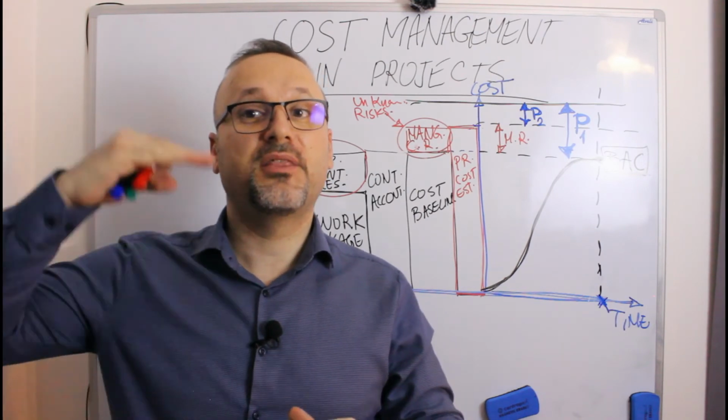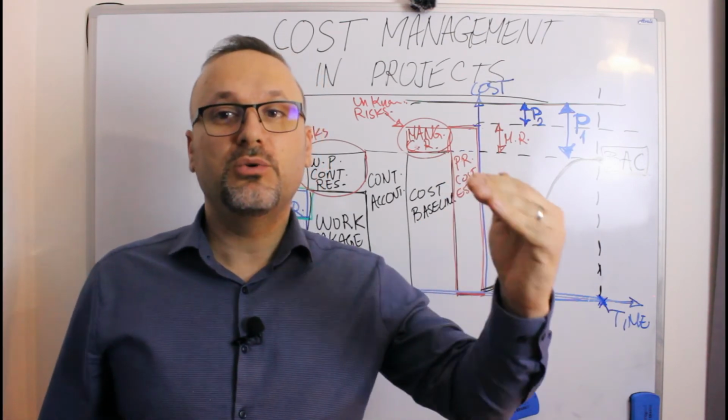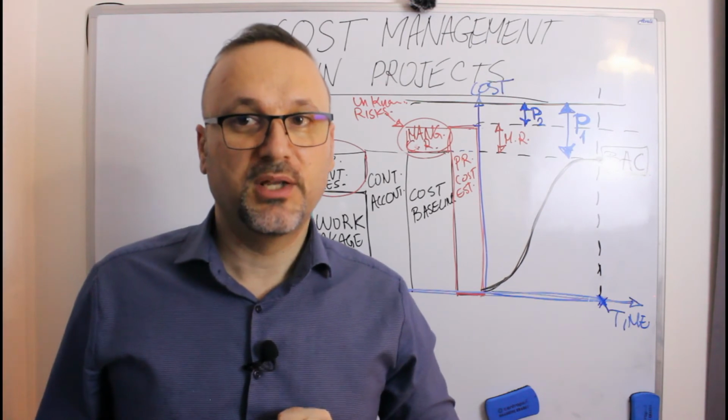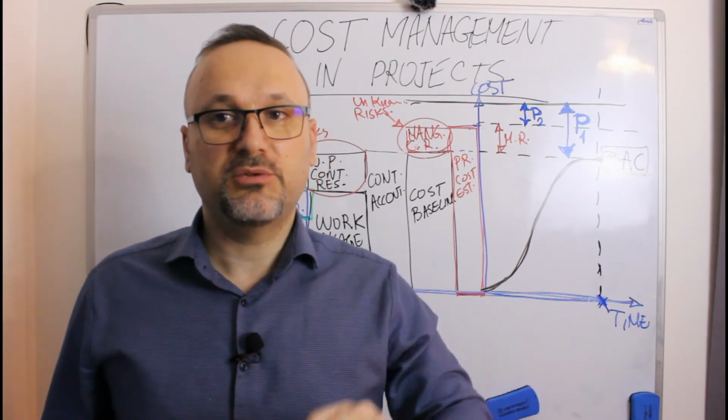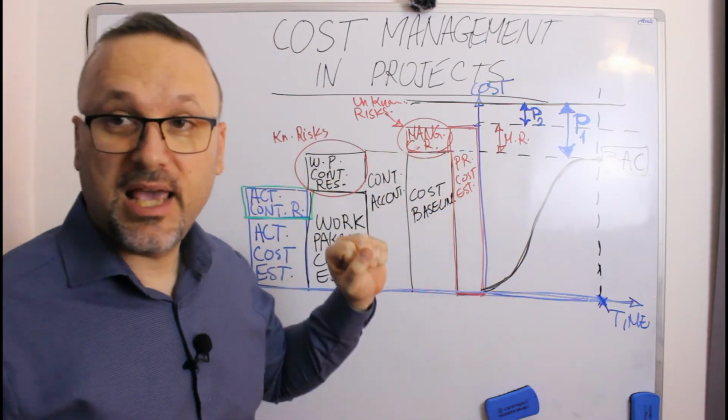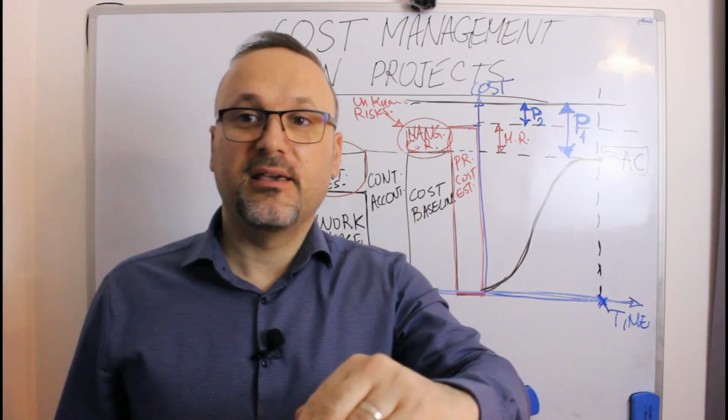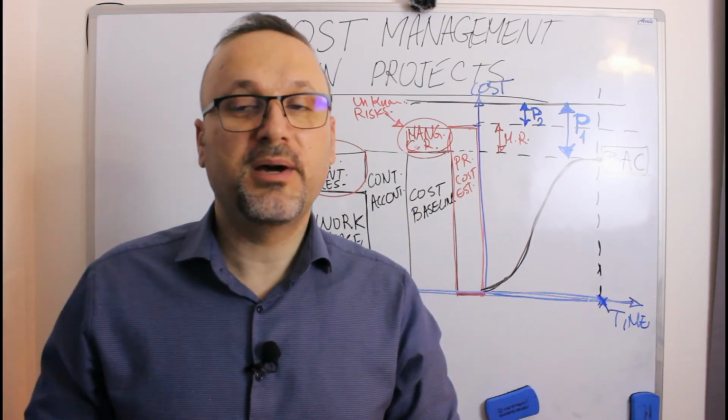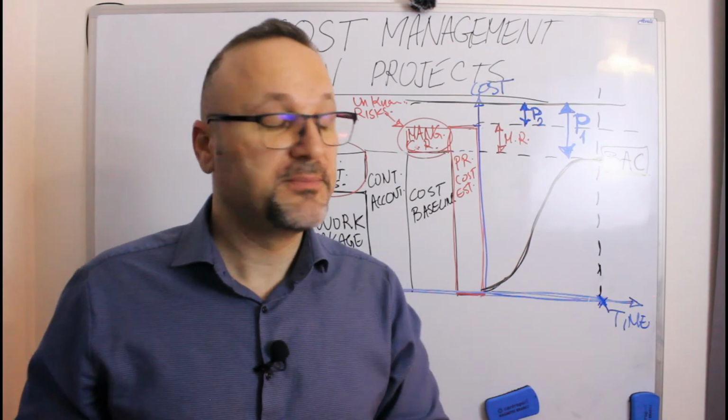Management reserve is under the top management's control. You request the top management for adding more money to the project. Once they approve it, they feed your project with the money.